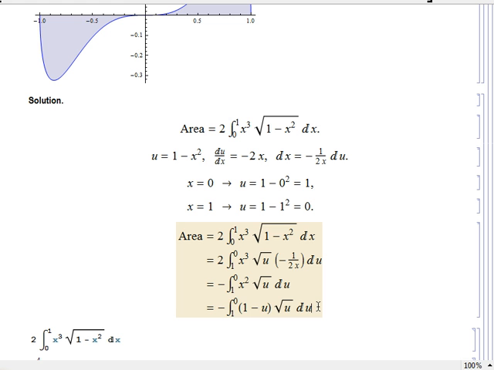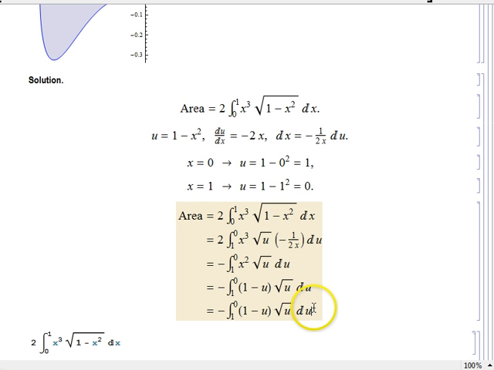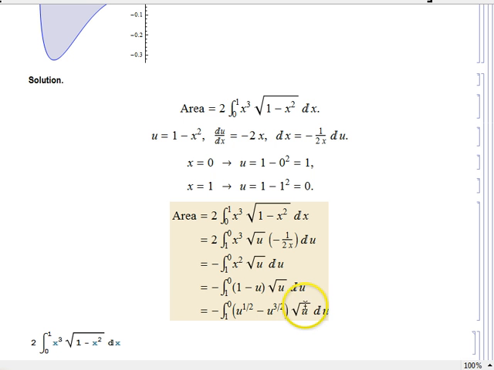This is a u integral, and then we can complete the computation. From this point on, everything is just going downhill. It's going to be easy. So distributing, you're going to get just u to the 1/2 power, and then u times square root of u, u to the 3/2 power.